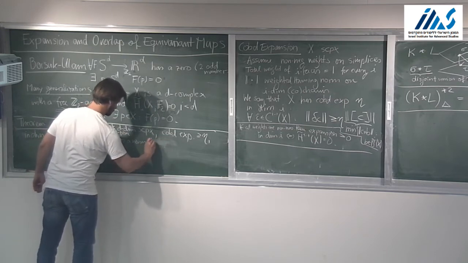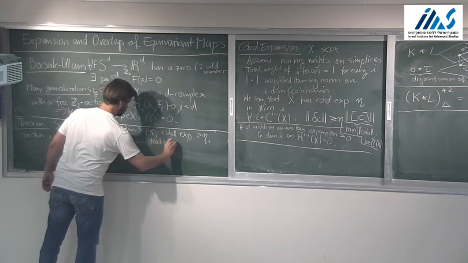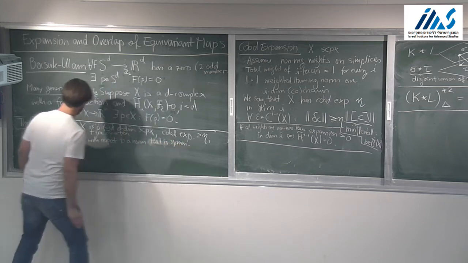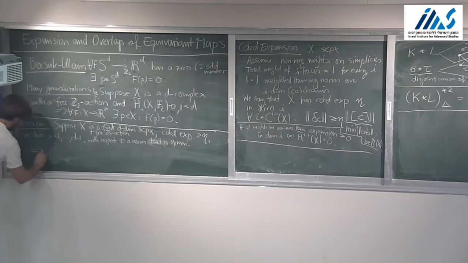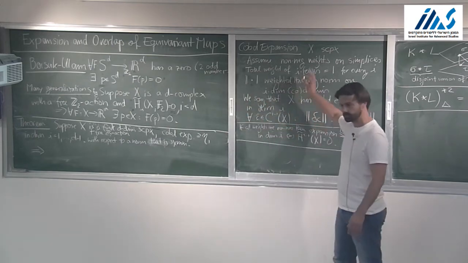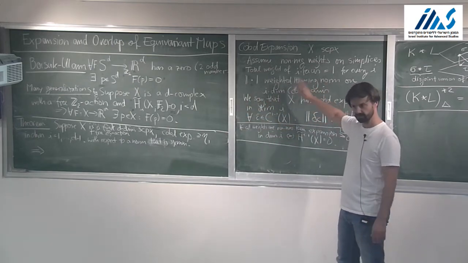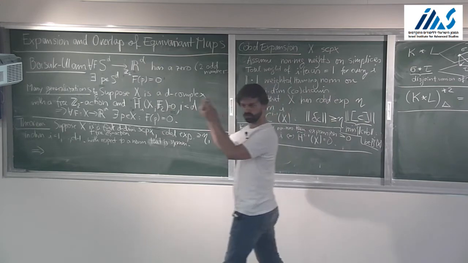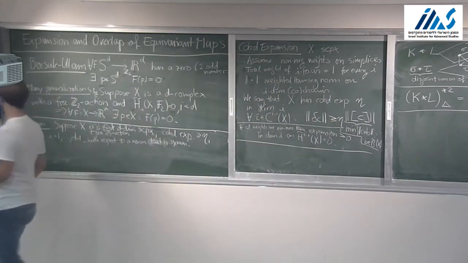Let's say that it is symmetric. That's guaranteed by choosing the weights equivariant. You could do even more general norms, but let's just choose weights on each orbit. Each simplex in each orbit has the same weight.